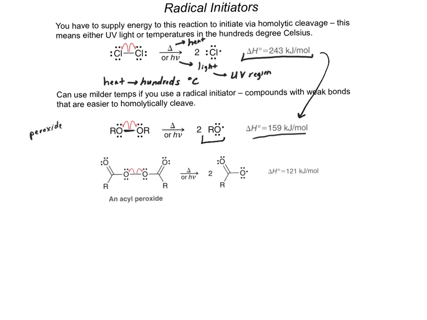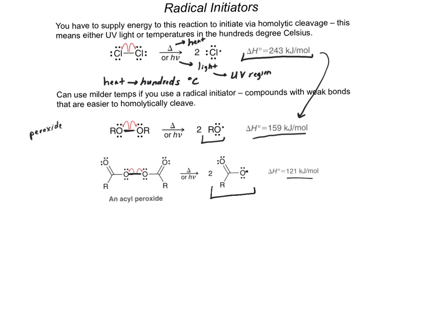Another very common one that we'll utilize is something called an acyl peroxide, right? So this one again has a nice bond that is fairly weak and easily cleavable. This bond only requires 121 kilojoules per mole. Again, we'll get the radical as our product, or we'll get two of them.